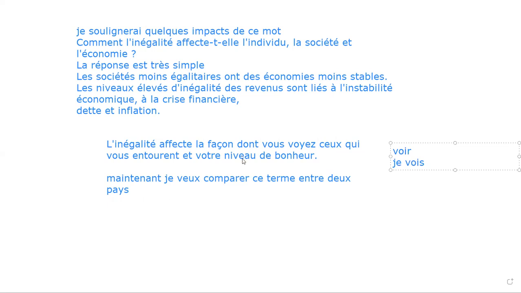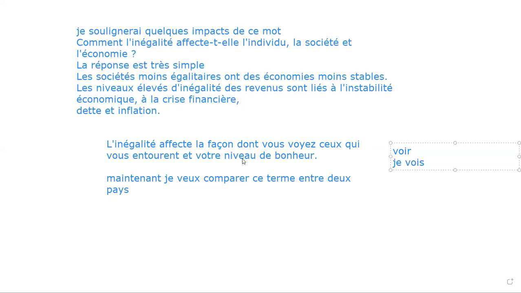Now répétez après moi. L'inégalité affecte la façon dont vous voyez ce qui vous entourent. It means ce qui, those, around you. Entourant is my verb to around. Ce qui vous entourant et votre niveau de bonheur, the level of the happiness.